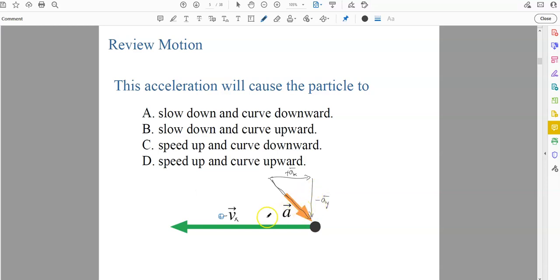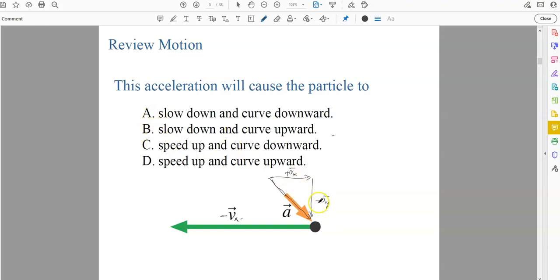Okay, so this velocity vector added to this acceleration vector, they're going to be in opposite directions. So the positive acceleration vector in the x direction added to this negative velocity vector in the x direction is just going to be slowing it down. So the answer is going to be A or B.